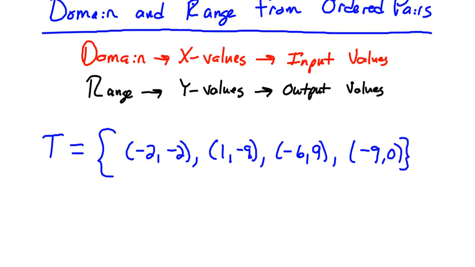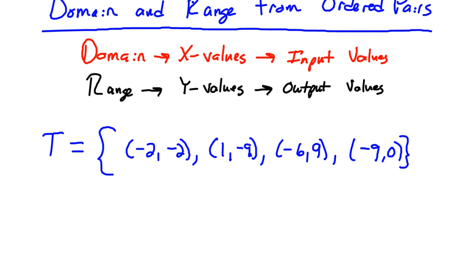Okay, so give everybody a second to get those copied down. Okay, so here's a set of ordered pairs, and they're going to ask you to state the domain and range.